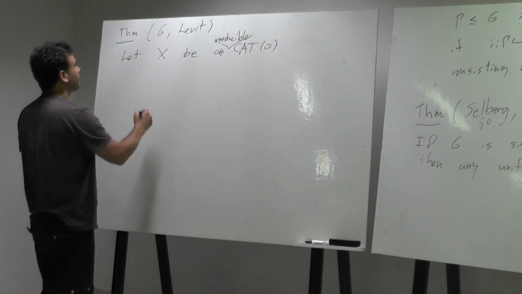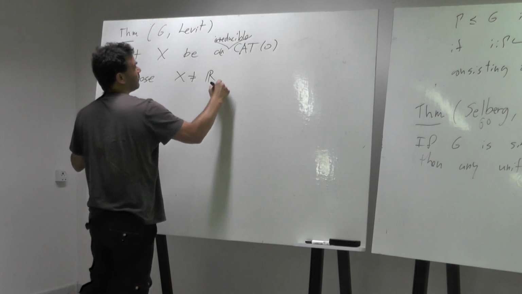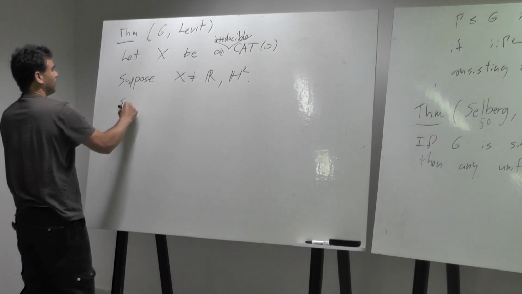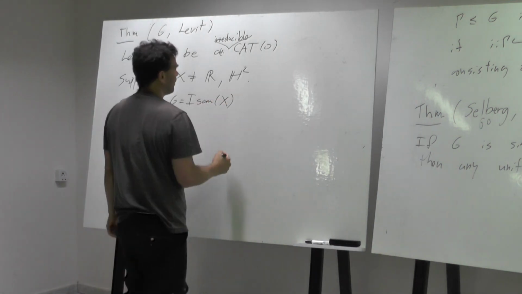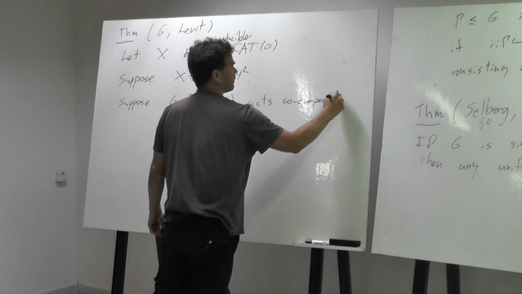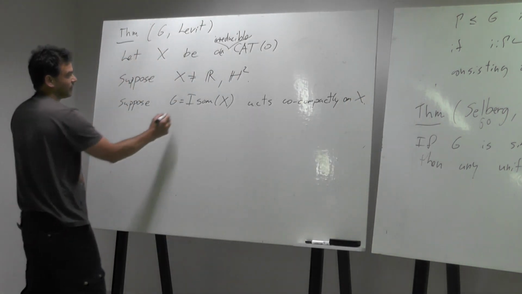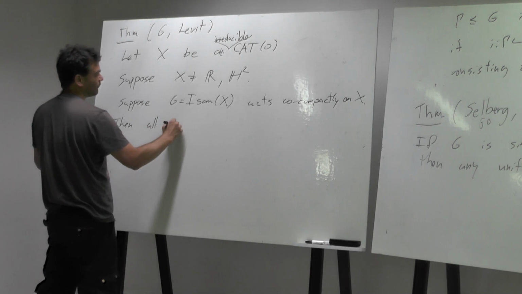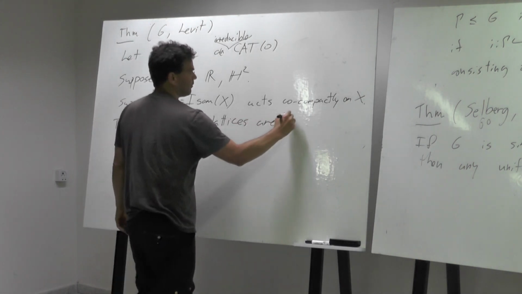A CAT(0) irreducible space, and suppose that X is neither R nor the hyperbolic plane, and also suppose that G, the isometry group of X, acts co-compactly on X. In the classical case, it acts transitively, but in general, then all uniform lattices are locally rigid.